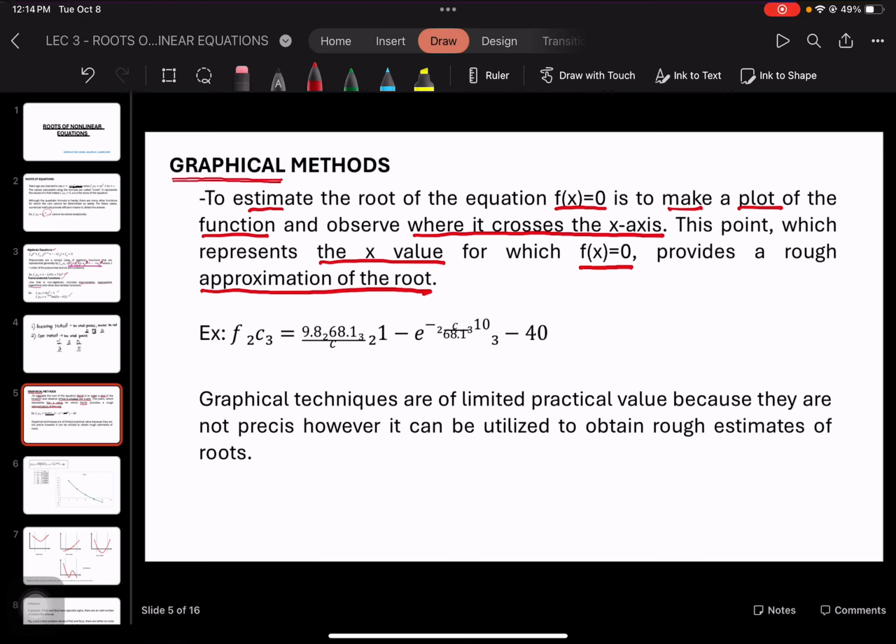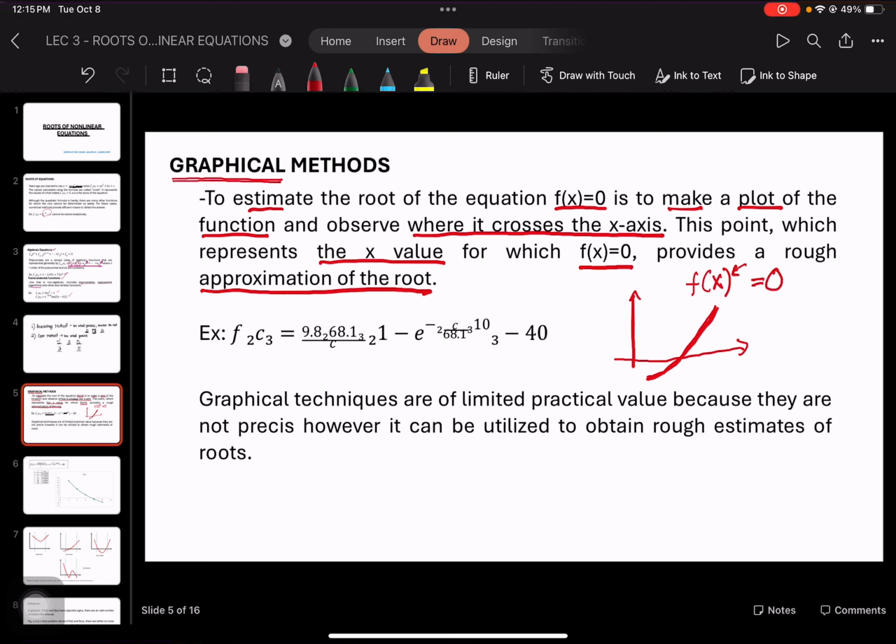So, ibig sabihin pala, if meron kang function f of x, kuha ka ng mga points, substitute different values sa x, and then get f of x, then you plot, i-plot mo yung mga points na yun. So, let's say, ang plot is ganito, no? This is your graph. So, yung root natin, it's actually the value of x that when substituted to the function, it will be equal to 0.